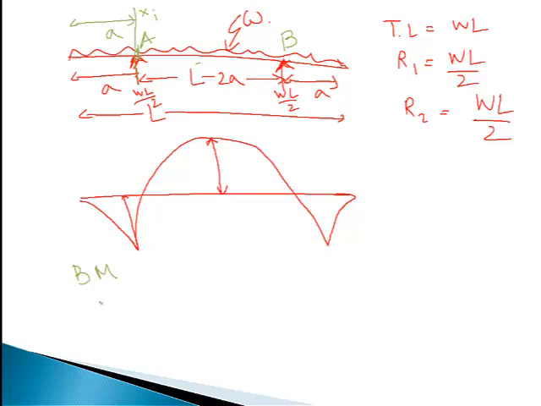Bending moment at A equal to, so take all the load from the left side or right side. From left side it is simple, only what is the load? Total load is W into A, because it is a UDL. So W into A is the total load, and where will it act?